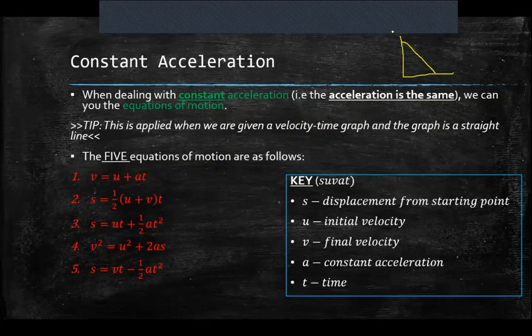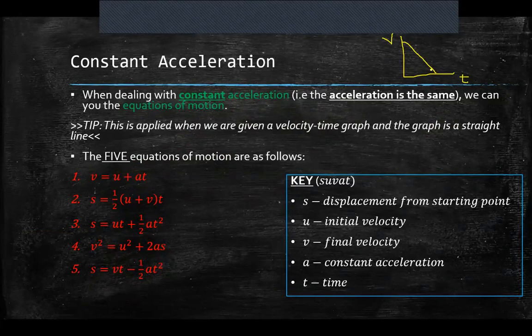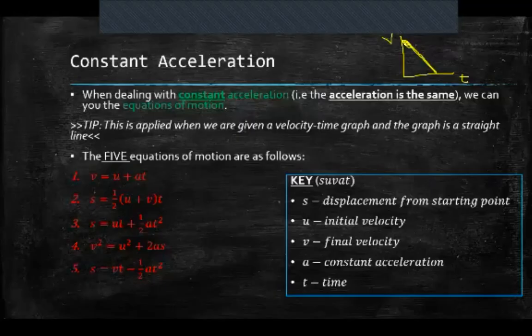I'm just making up something. V, this is T. And they want me to find the acceleration of this line. We know from the key features we're required to know for velocity time graphs that the gradient of a velocity time graph is acceleration.